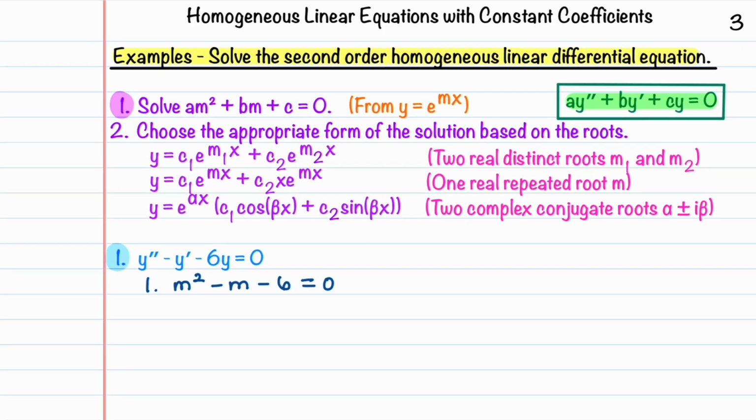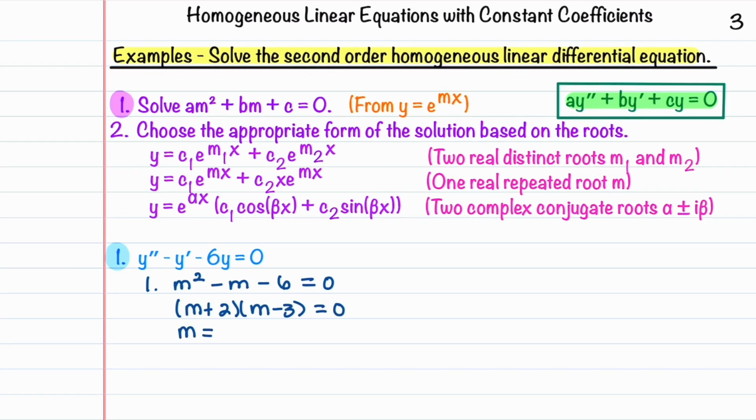We can factor this as m plus 2 times m minus 3, set that equal to 0, and this gives us m is equal to minus 2, and then m is equal to 3. For this problem, we have 2 distinct roots.